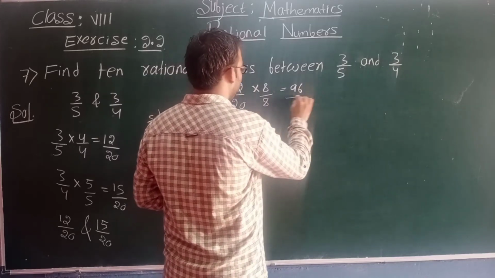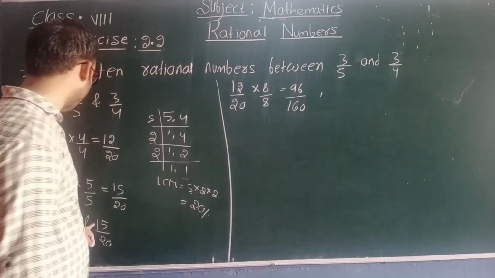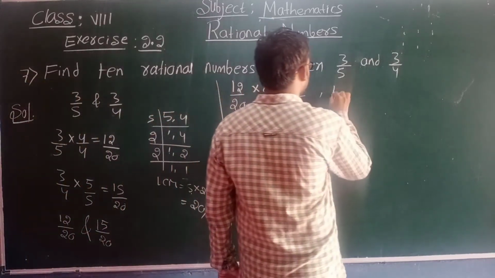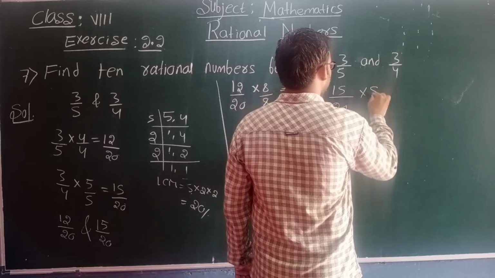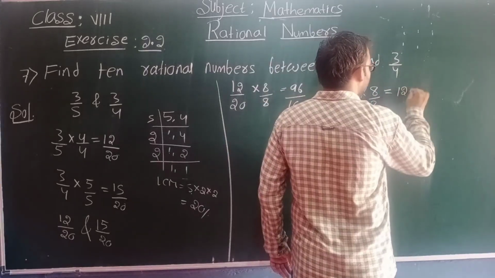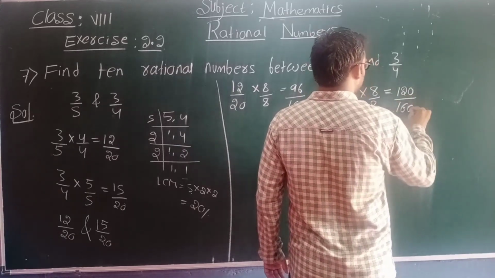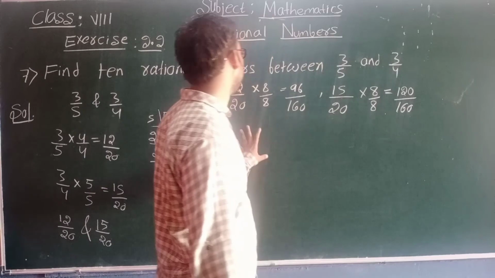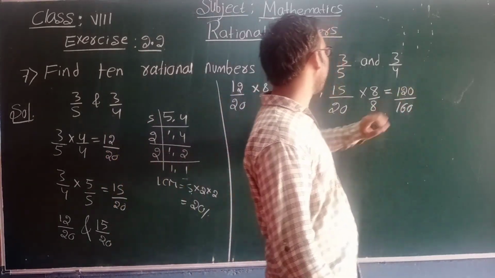Next 20 8s are 160, and just take out the next number 15 by 20. So 15 by 20 into 8 by 8 equals 120 by 160. Look at this, what we have got: 96 by 160 and 120 by 160.